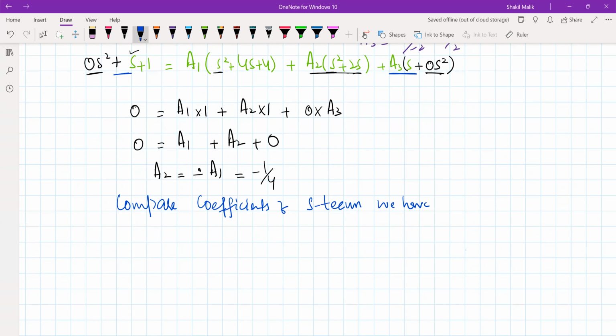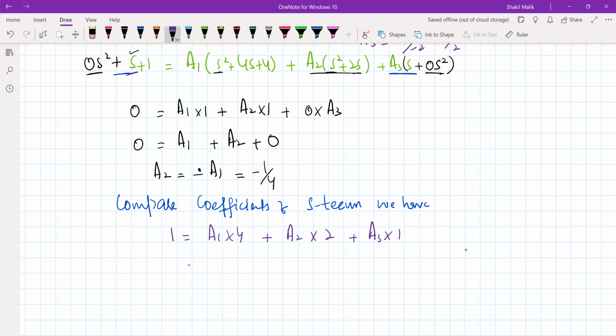So if we do that, coefficient of this term is here 1, so it will be 1 is equal to a1 times 4 plus a2 times 2, because the coefficient here is 2, plus a3 times s, coefficient is 1.